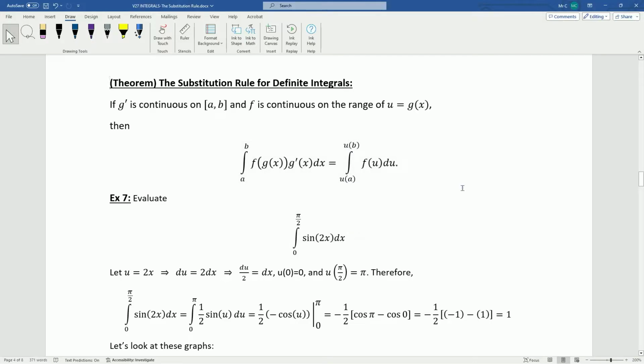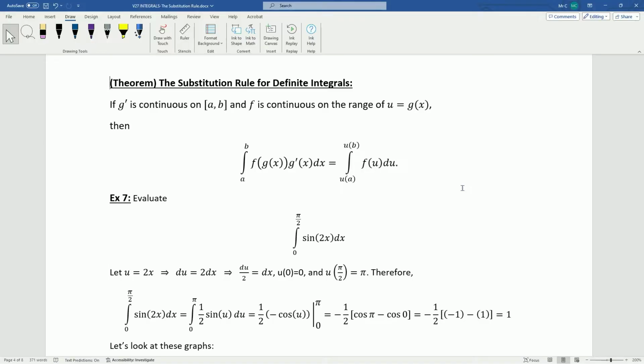In other words, what we're saying here is that when you make a u substitution to evaluate a definite integral, you must convert the bounds of your integral to the bounds for your new variable u.